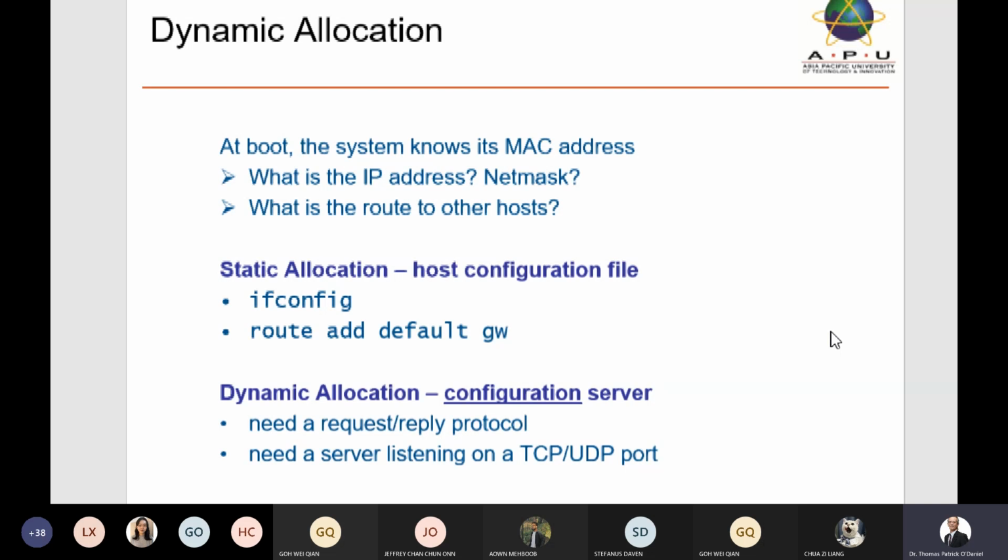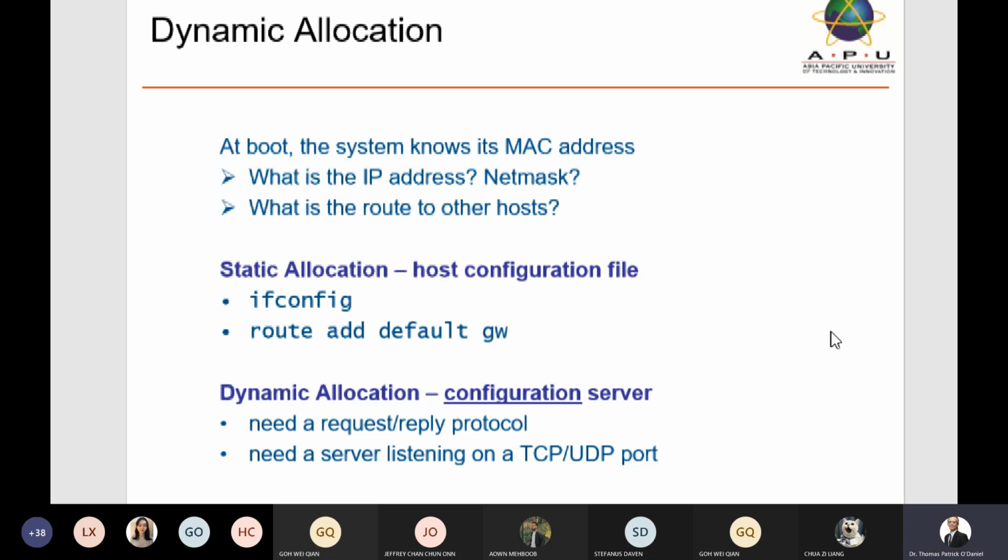That gives it capability to communicate within the Ethernet broadcast domain, but no more. We need more information to do more sophisticated things like global networking. And that means we need to know an IP address.